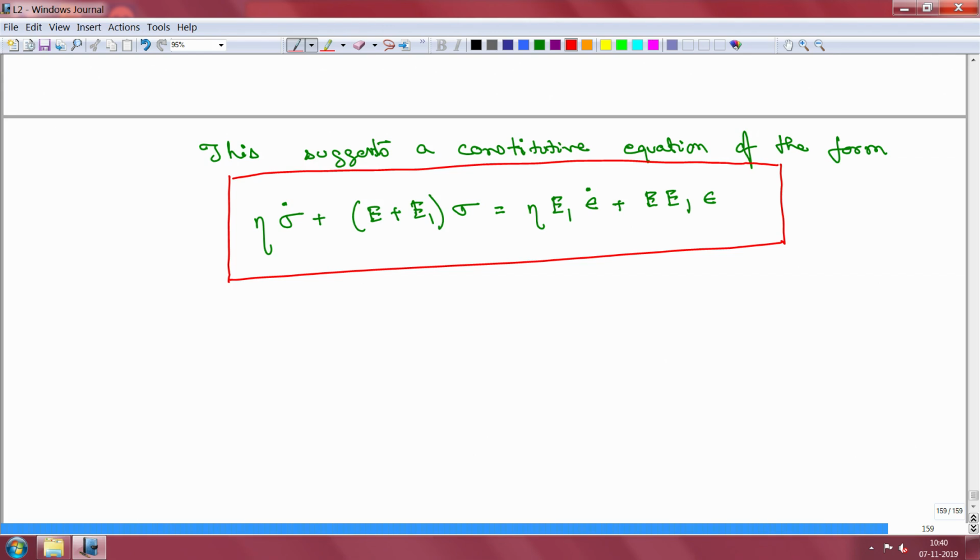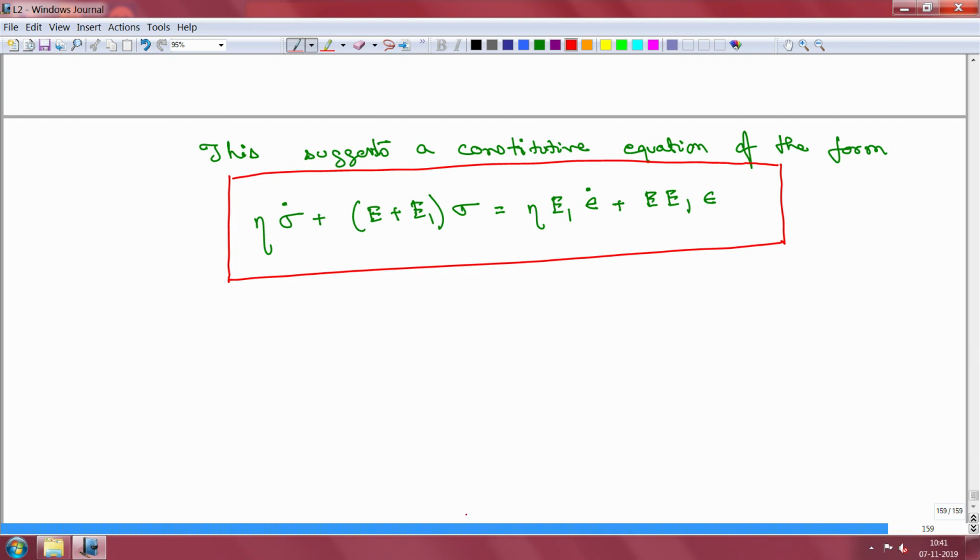Now, the important thing I want you to note here is that this is again a linear ODE, and the linear ODE has the derivative of stress and the stress itself on the left hand side, and on the right hand side you again have a derivative of the strain and the strain itself. This is exactly in the same form that we had for the other expression.